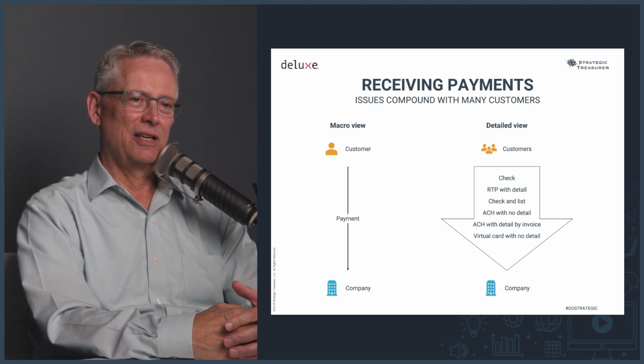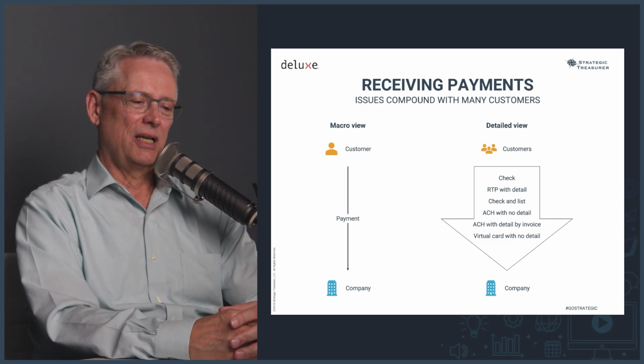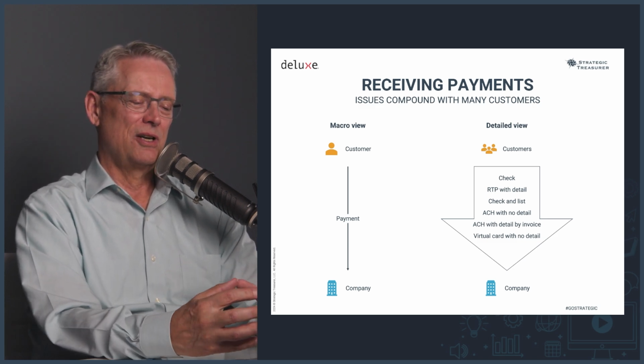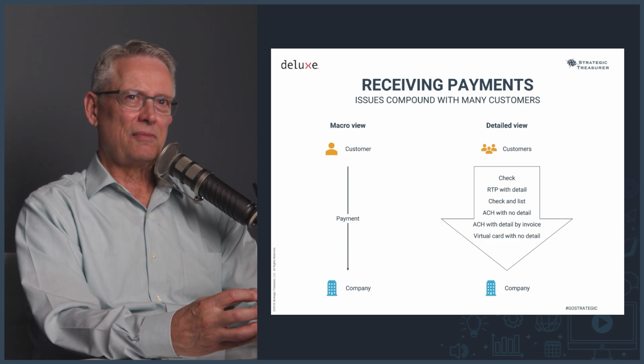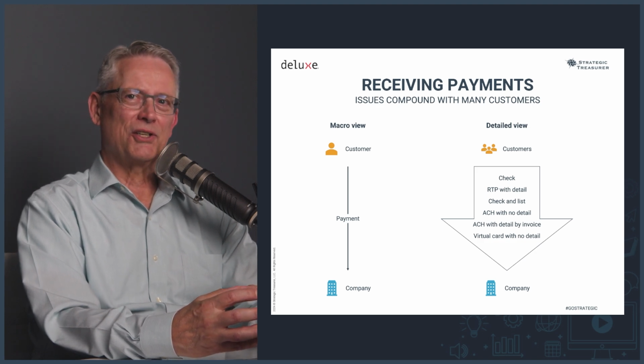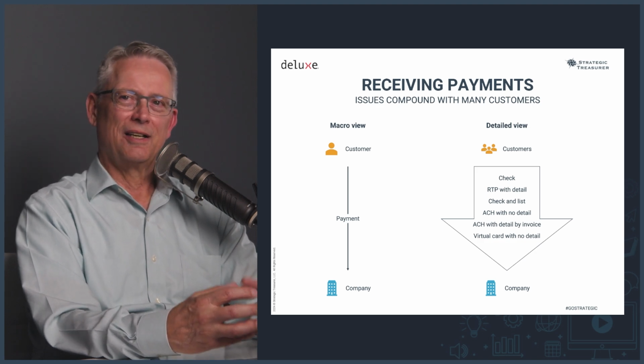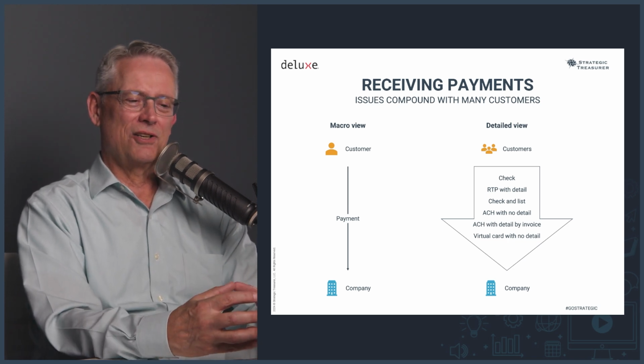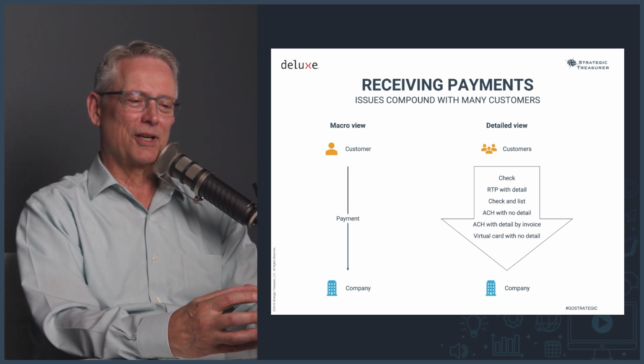This is really focusing on payment type, if you will. I think the comment you made earlier, Craig, about how you used to send me a check, now you send me electronic payment, check and list. I think back to several years ago where people were converting from.